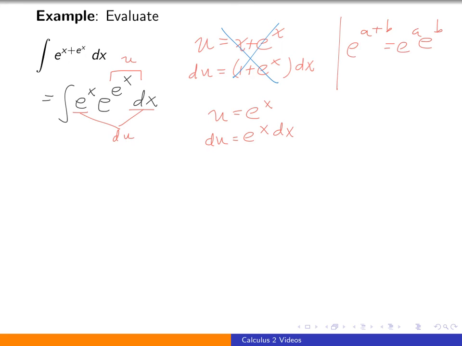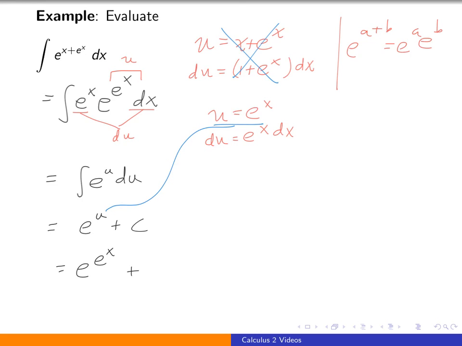So when you do that small bit of algebra and see the substitution, this becomes a very reasonable integral. So it's just the integral of e to the u du. So that antiderivative would be e to the u plus c, and then we once again need to resubstitute. So each u needs to be replaced with an e to the x. So e to the e to the x plus c.